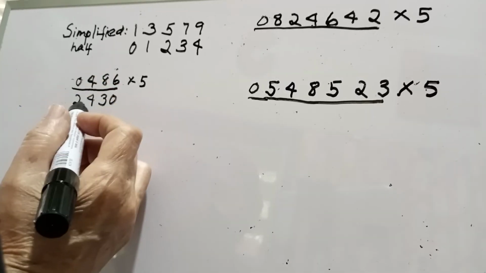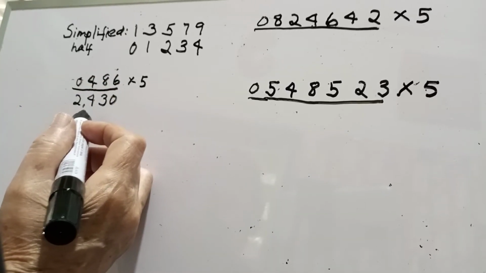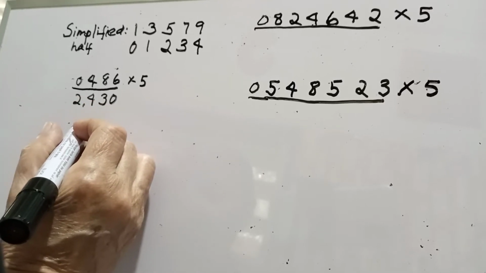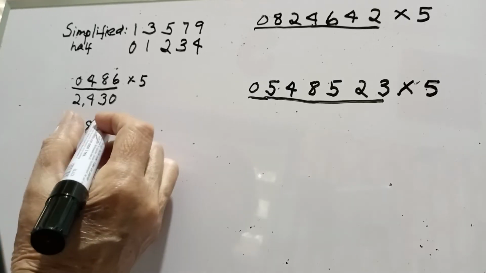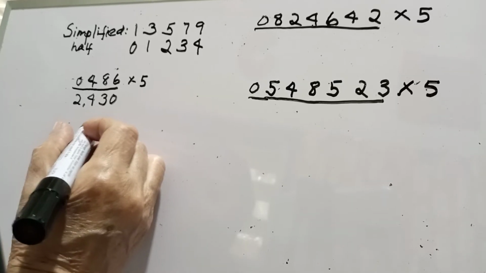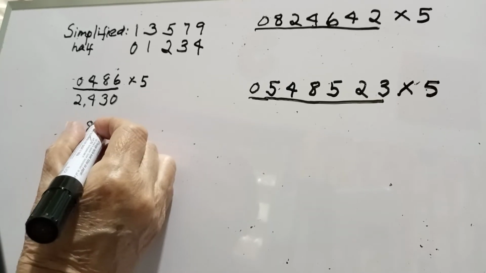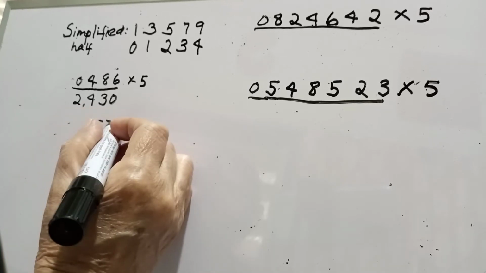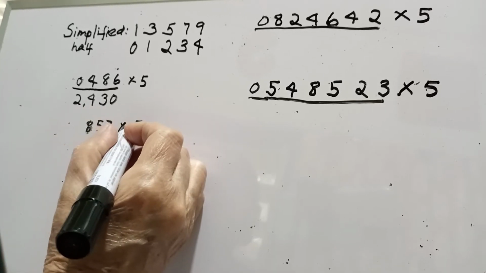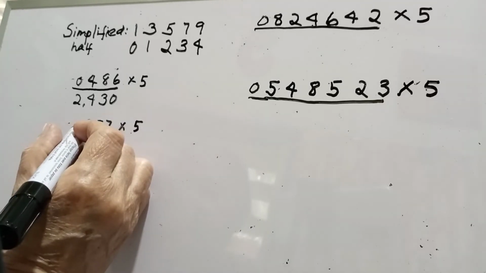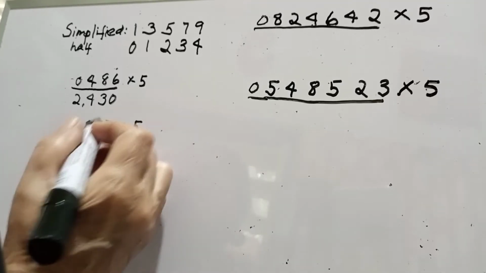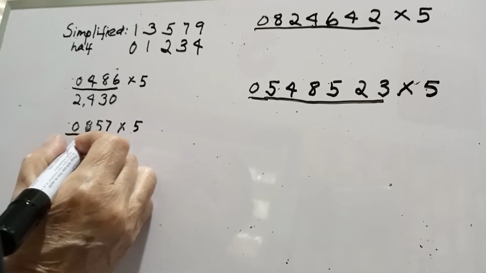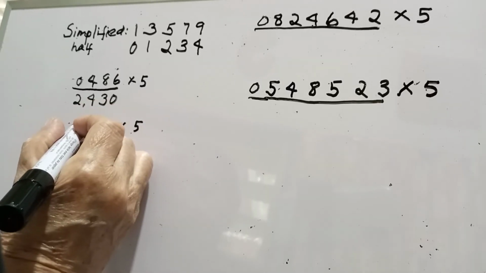Suppose we will have a number which has odd digits, like, shall we say, 8, 5, 7 times 5, 8. So write 0, and then, now this is 8.